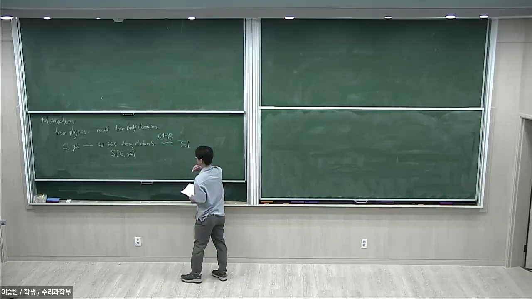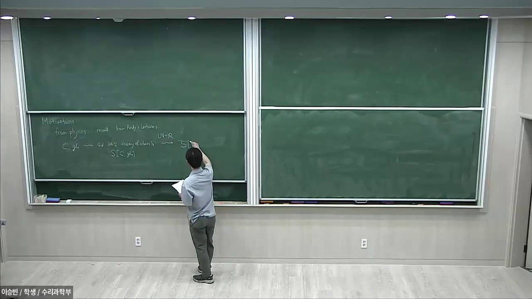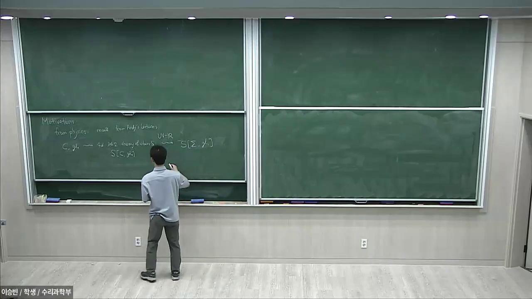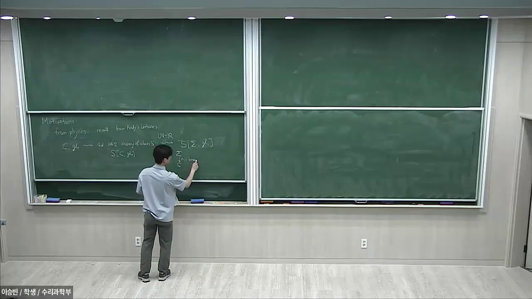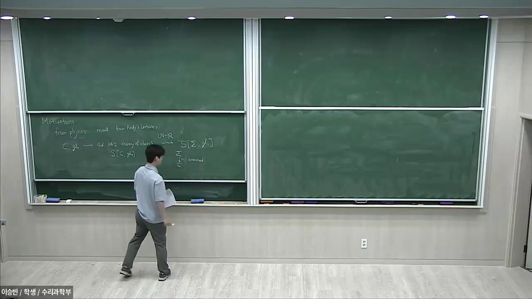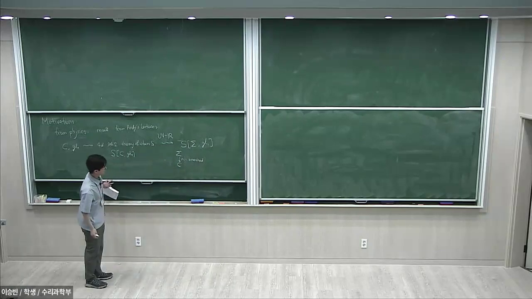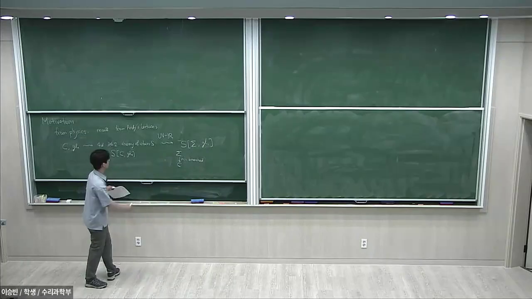So it becomes a class S theory based on gauge group GL_1 instead of GL_N. And here sigma is a spectral curve, which is an n-fold branched cover over C.